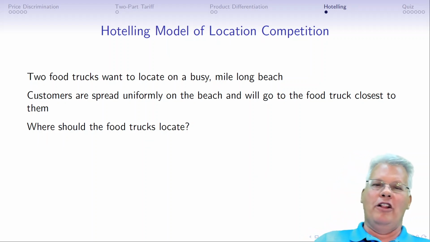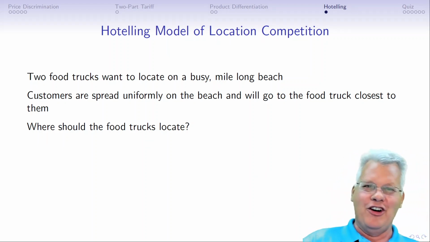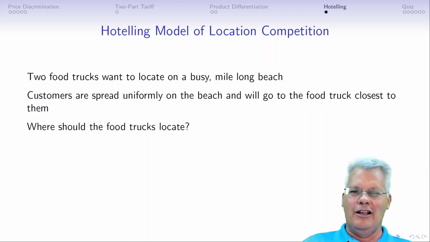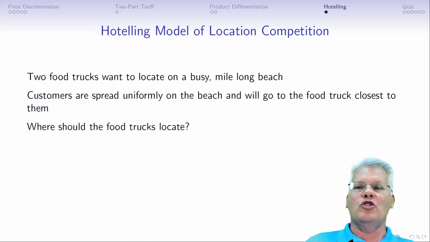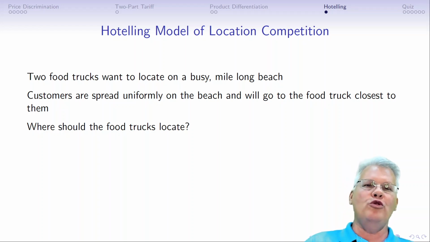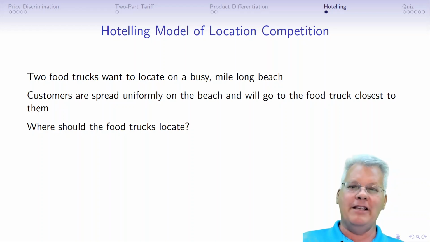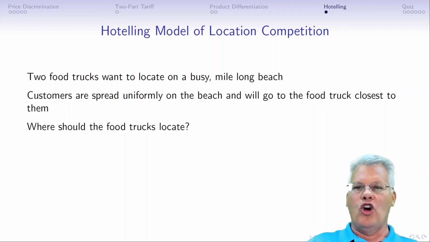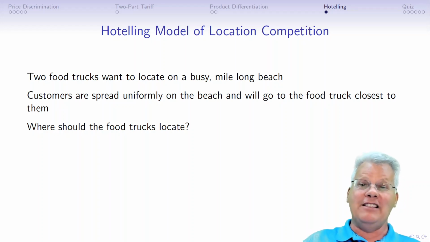The Hotelling model of location competition is another kind of cute old model that is a variation of the same theme. So suppose that two food trucks want to locate along a busy mile-long beach. Imagine you go to Galveston. If you go along Seawall Drive, it's about a mile long. It's a very busy beach.